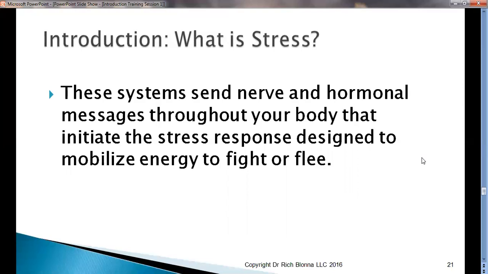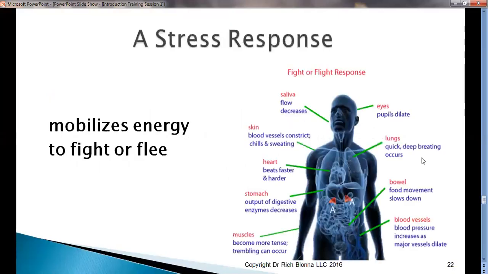So this response has been with us since the dawn of civilization, and you probably don't even realize that the fight or flight response has already saved your life several times over. Now this is what the actual response looks like. It's pretty complex, and you can see that various body parts get involved.